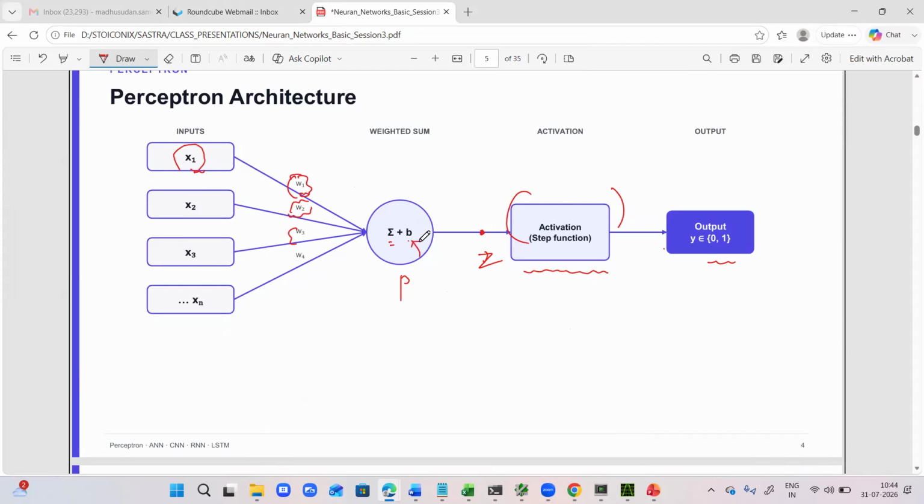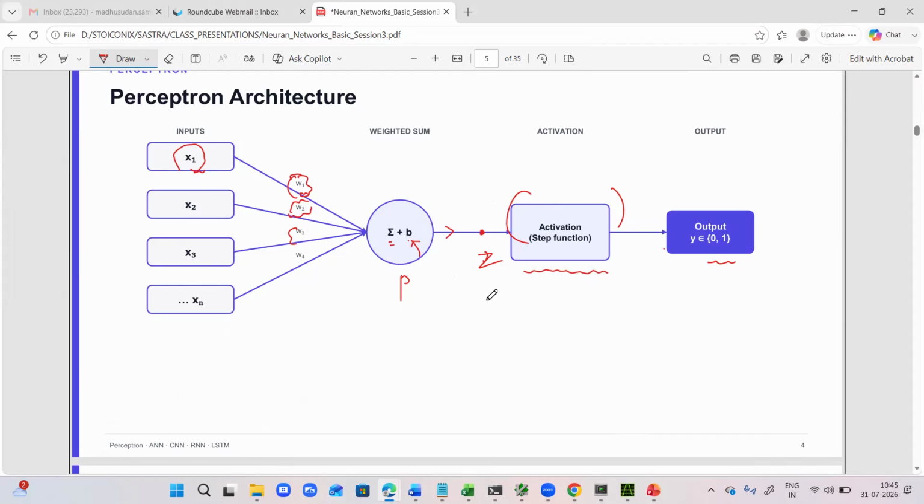and it gets added to a bias b. This bias ensures that the summed value that comes out of this neuron is never 0. So, for example, if sigma is 0, b will ensure that there is some value there. That's the bias.